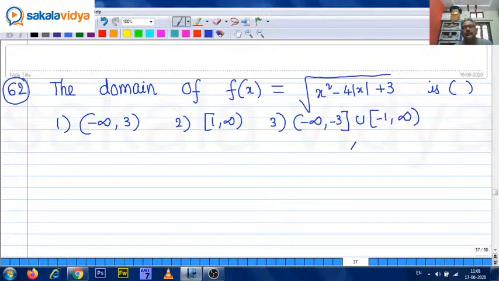Fourth option: minus infinity to minus 3 union minus 1 to 1 union 3 to infinity. Right.